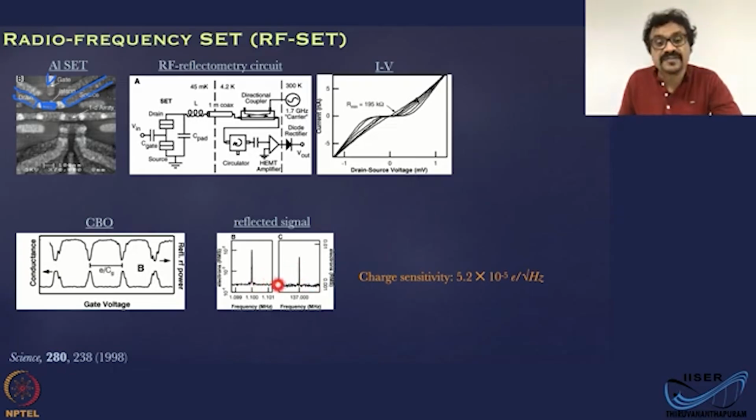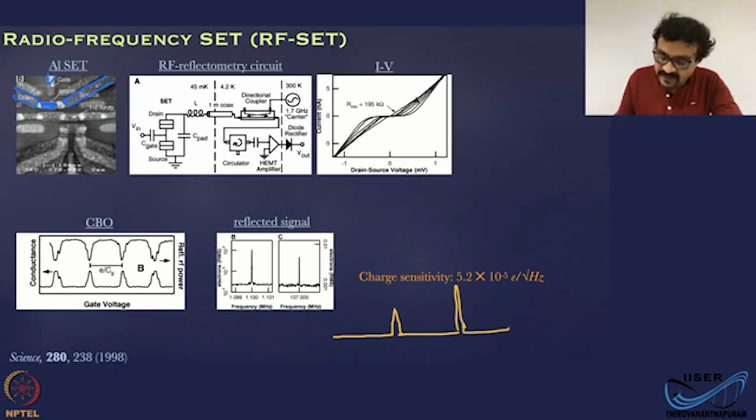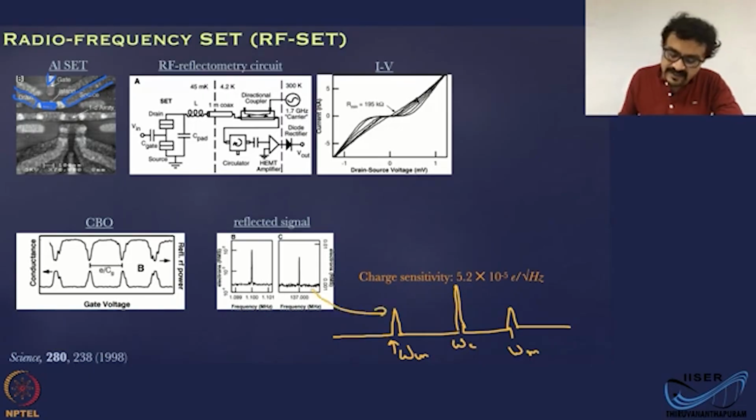Here they have shown only the sidebands, but the actual reflected power is going to look something like this. You have the main carrier signal, and then you have the sideband power. This is the modulated power, and this is the carrier power. So what we are seeing here is these peaks.